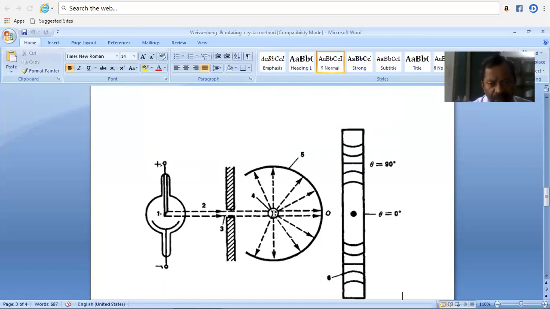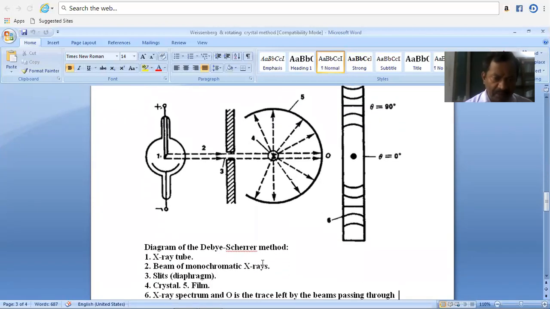Then X-ray, after coming from the X-ray tube, passes through the lead slits, then directly enters the crystal. Here we have taken the crystal in powder form. We have taken the capsule that we represent here as 4, and 5 is the photo film. The arrows are the diffraction spectrum.